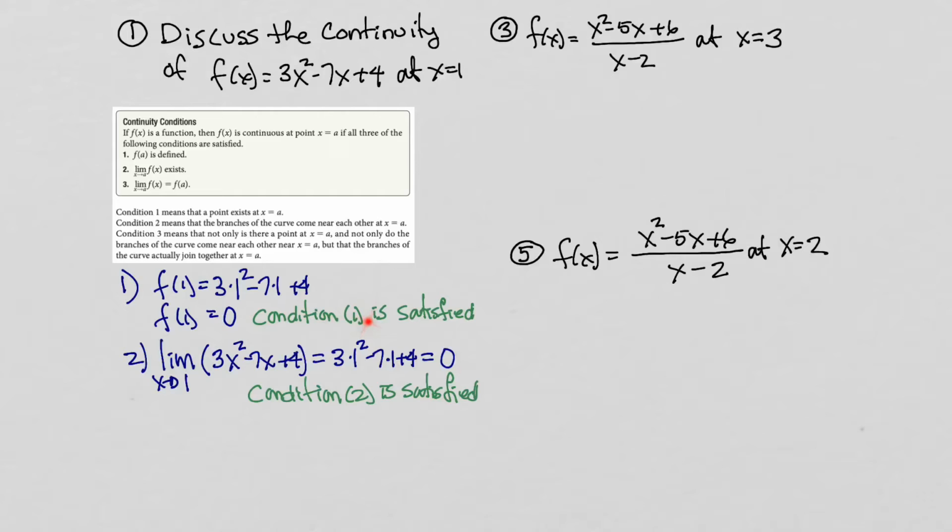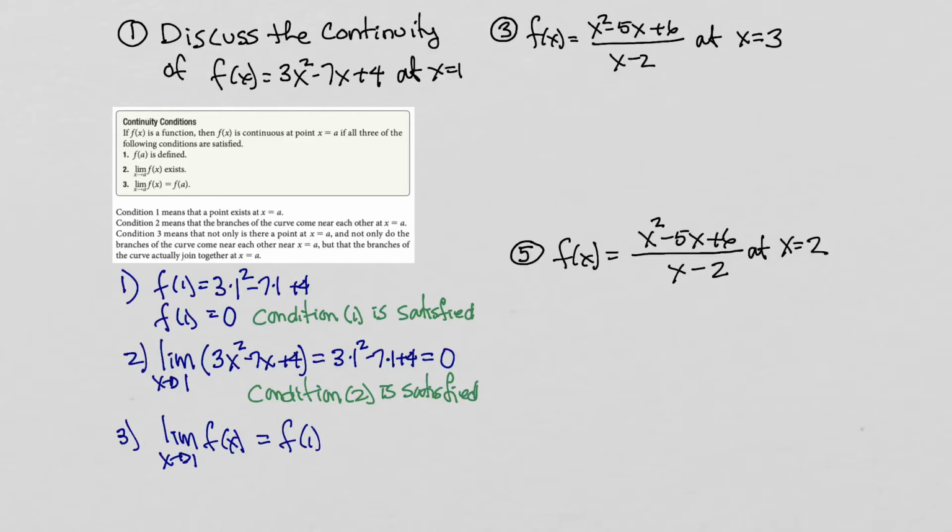So condition 1 is satisfied, condition 2 is satisfied. Let's move on to condition 3 and see if the limit as x approaches 1 is equal to f of 1. Condition 3 says the limit of f of x as x approaches a, and a in our case is 1, has to equal f of a. So the limit as x approaches 1 of f of x has to equal f of 1.